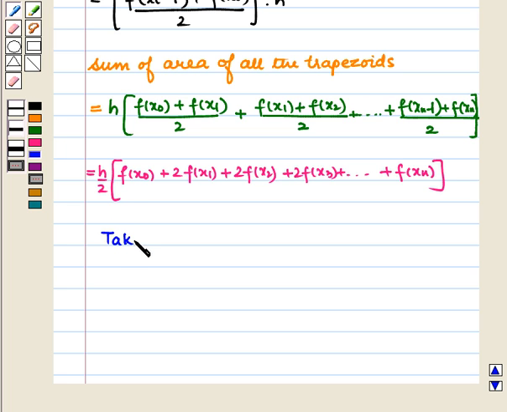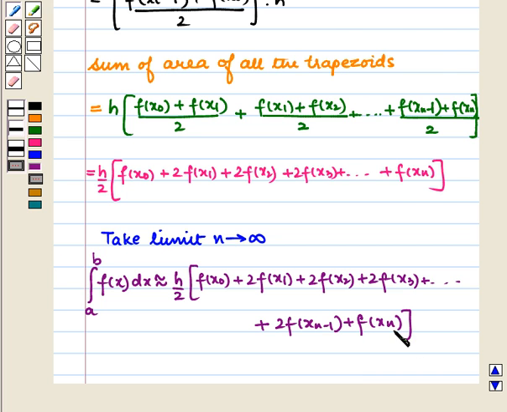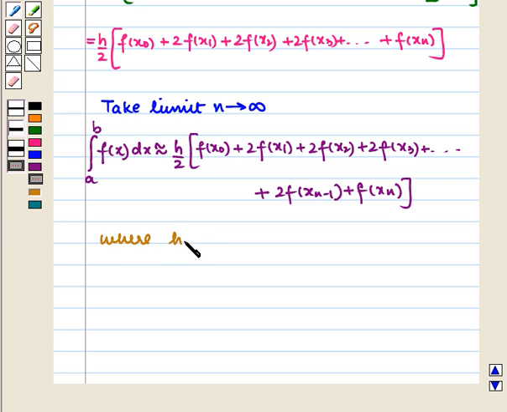Now if we take the limit n tending to infinity, we will get the integral from a to b of f of x dx is approximately equal to h by 2 into f of x0 plus twice f of x1 plus twice f of x2 plus twice f of x3 plus so on plus twice f of xn minus 1 plus f of xn, where h is equal to b minus a by n and x0 is equal to a, x1 is equal to a plus h, x2 is equal to a plus 2h, x3 is equal to a plus 3h, and so on.